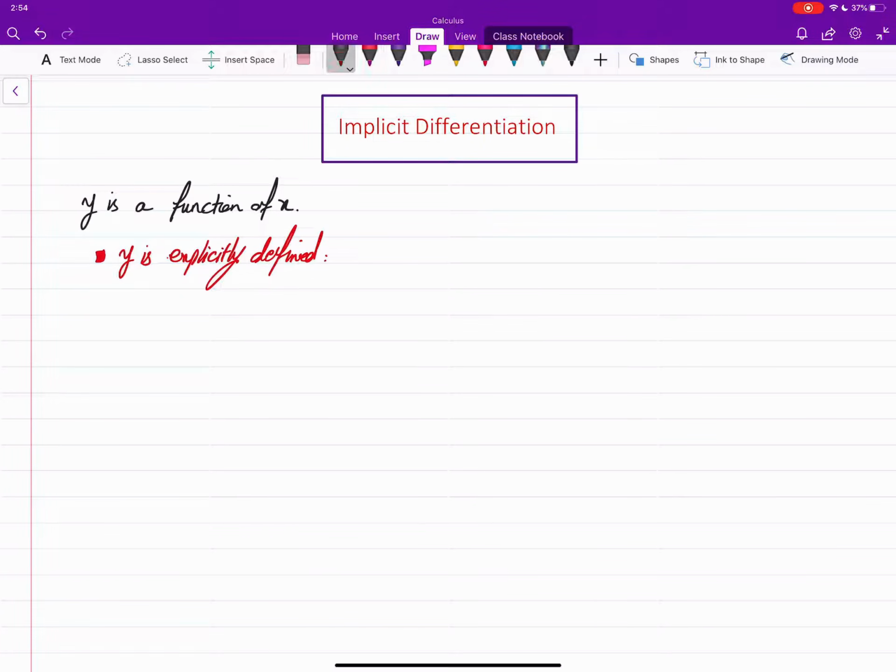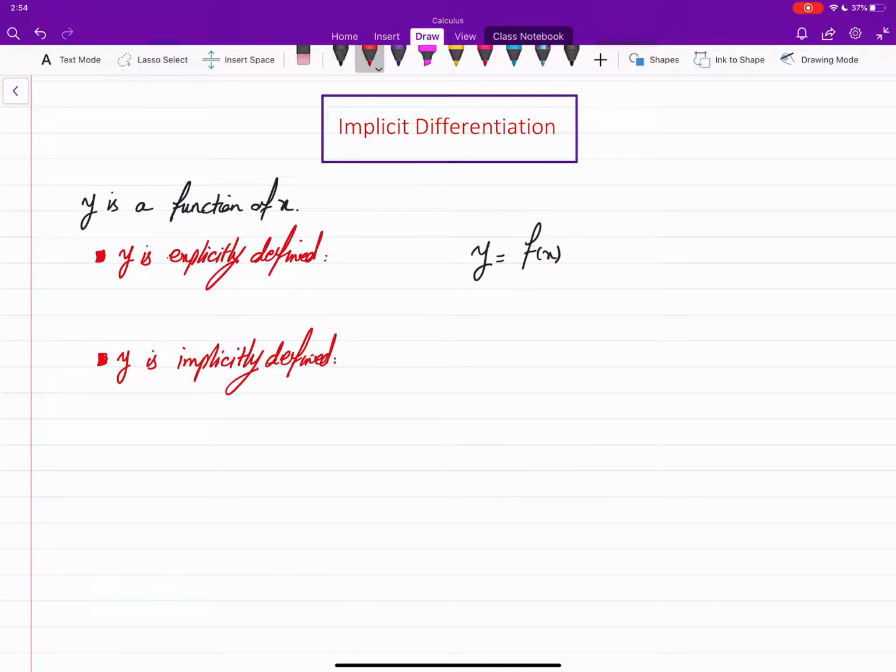It means that we have a function, an expression in x, like f of x, and y is equal to that. But there is another alternative, that y is implicitly defined.